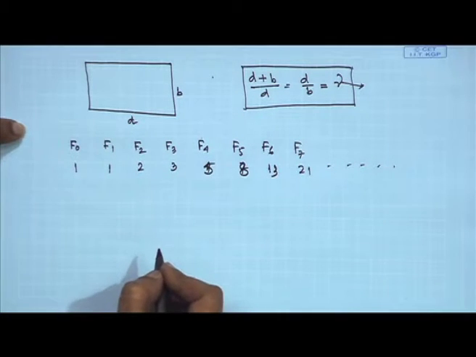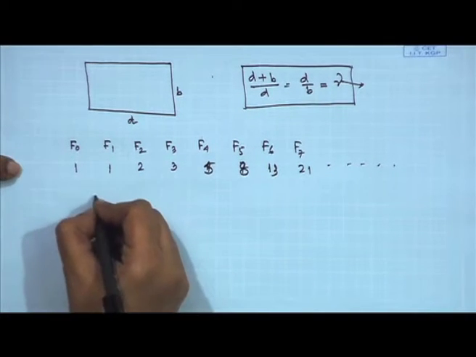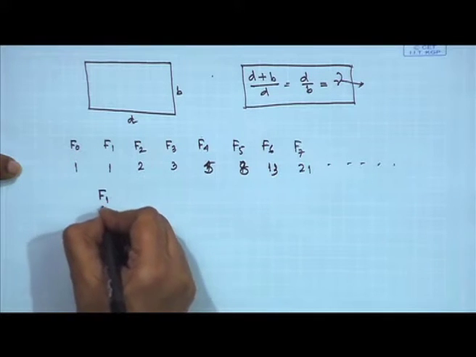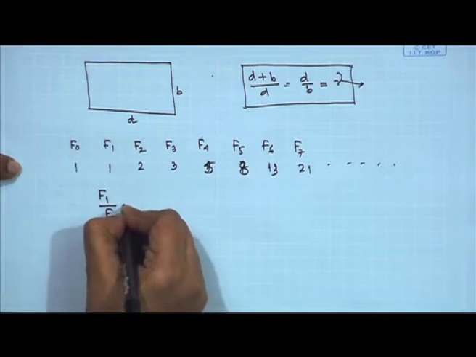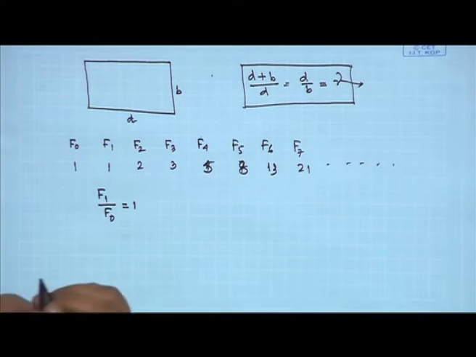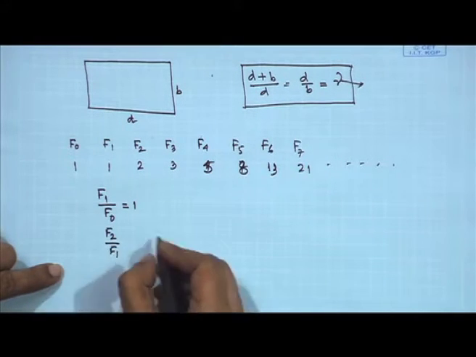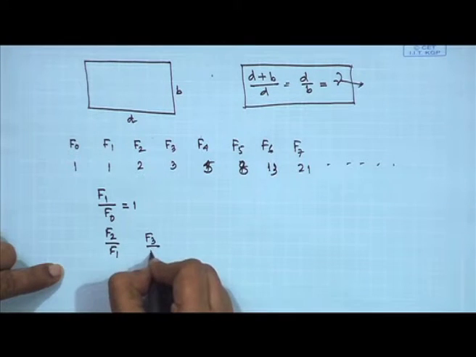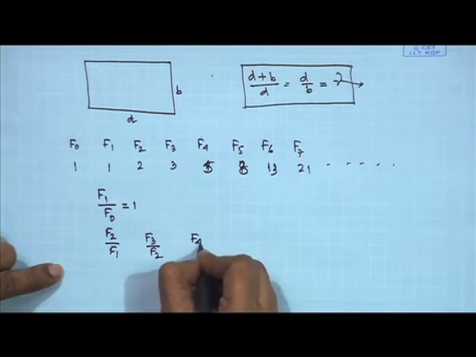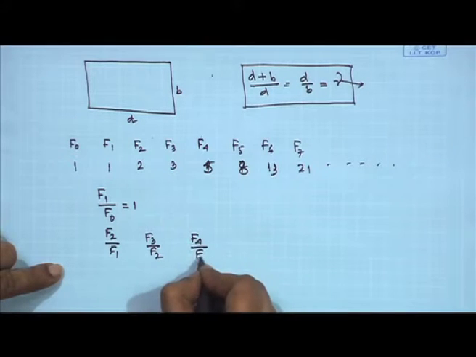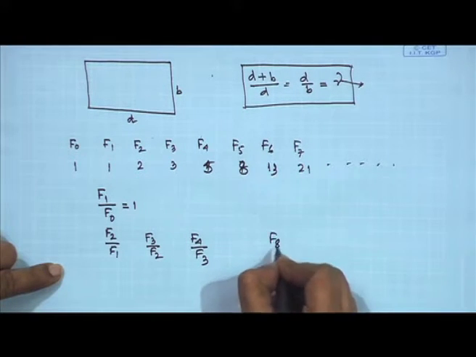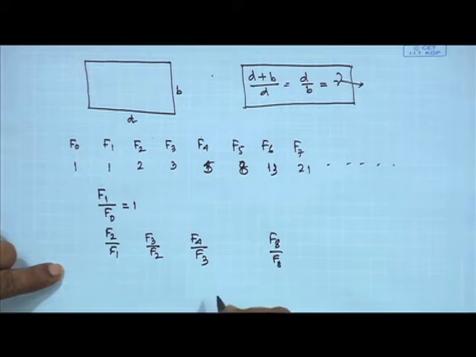If we consider fn by fn minus 1, that is f1 divided by f0, the ratio is 1. Then take the ratio of f2 by f1, f3 by f2, f4 by f3, and so on.